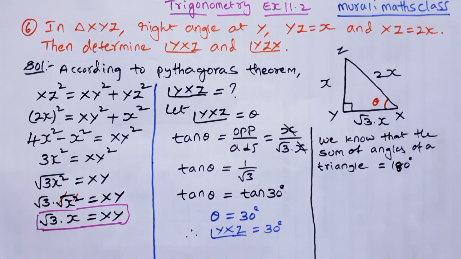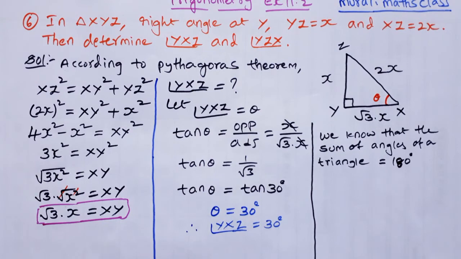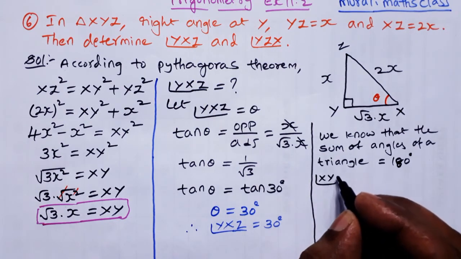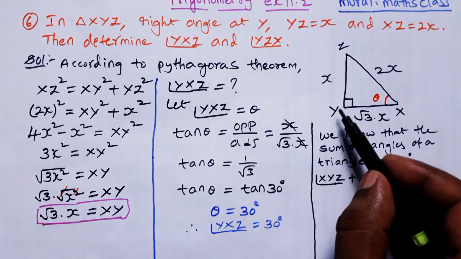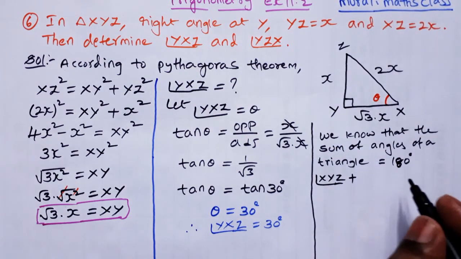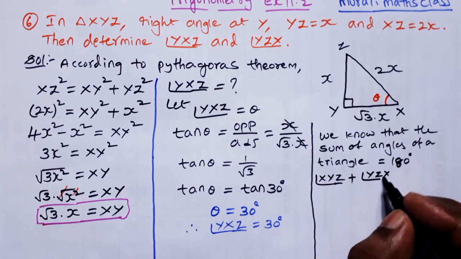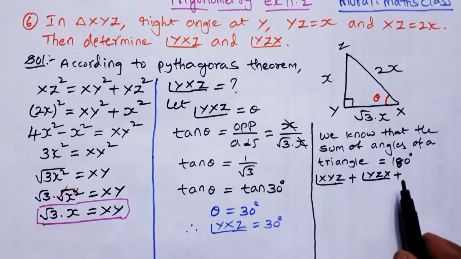Okay. So that one I am going to write now. So now angles names will write now. Angle X, Y, Z plus, which is angle X, Y, Z? X, Y, Z, this angle. Next second angle, Y, Z, X plus, what is Y, Z, X angle?